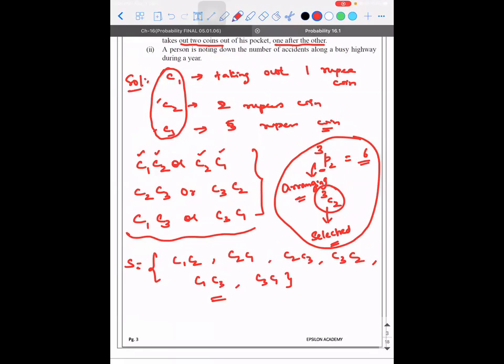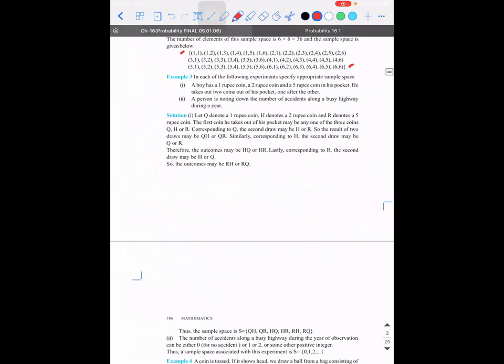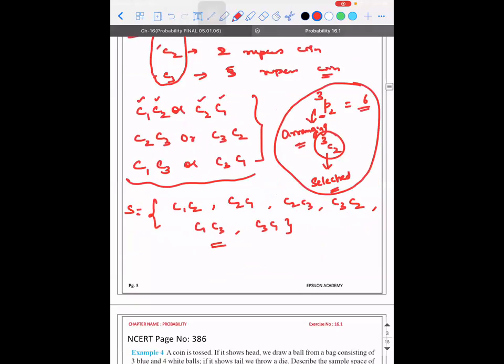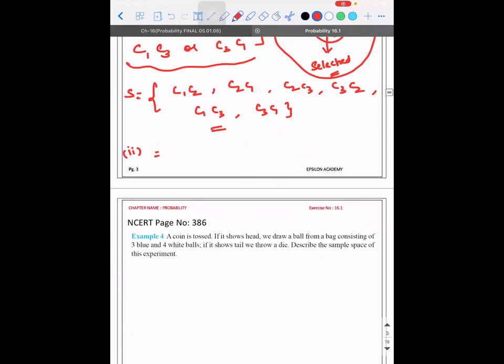Okay. Next. Second is, what is the sample space? What are all the possible outcomes for a person noting down the number of accidents along a busy highway during a year? So, what could have happened is the sample space.